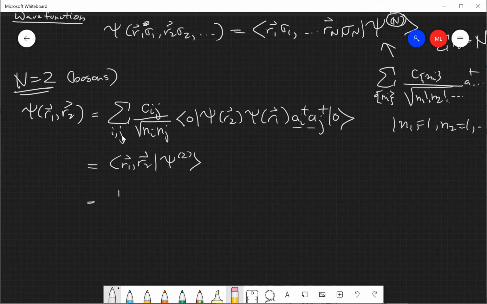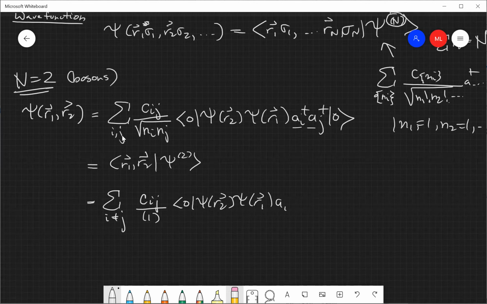this whole thing, sum over I not equal to J, Cij, and of course this is just one, there's one particle in state I and one in state J. And then you have 0, psi R2, psi R1, AI dagger, AJ dagger.